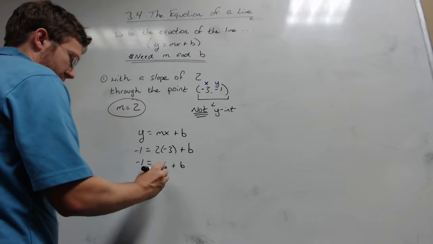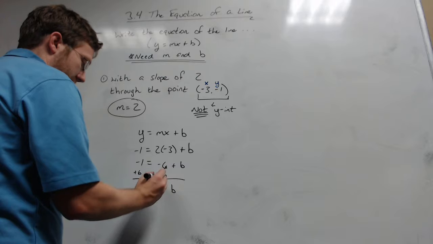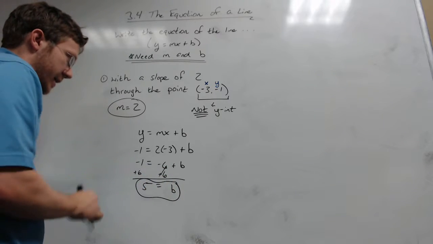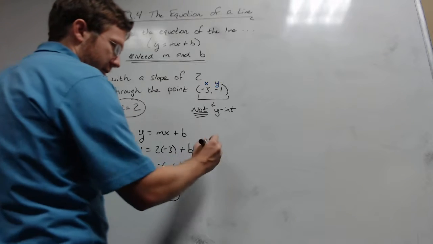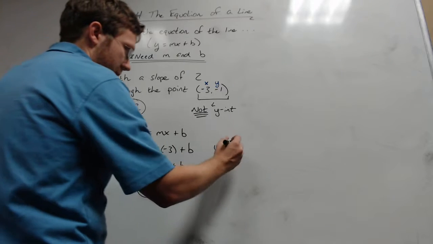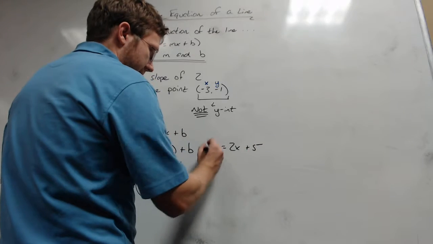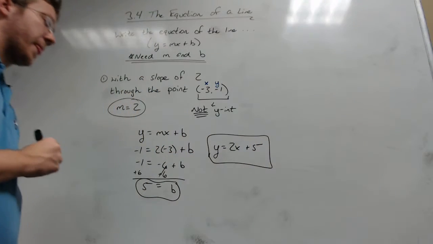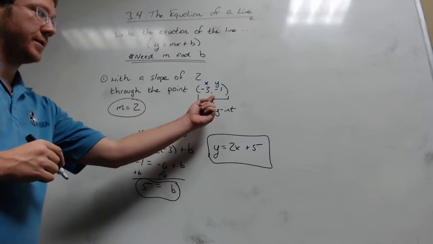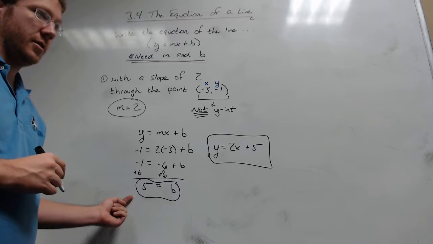Solve for b: we need to add 6 to both sides, and our b's cancel. This will equal 5. So here's the other piece of information we need: m is 2, b is 5. I write the equation of the line at the end: y equals 2x plus 5. So anytime we have a slope and a random point, we can use our y equals mx plus b equation to solve for b.